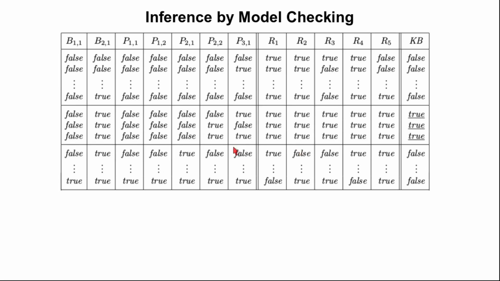This slide shows the 128 different models that we can create. Of course, it doesn't list all of them. It's a partial list. So here we have the 7 proposition symbols 1, 2, 3, 4, 5, 6, 7.